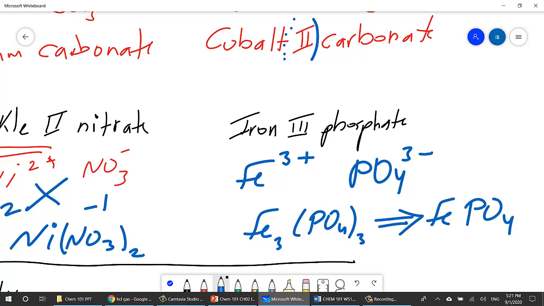So that's iron(III) phosphate, FePO4. From this you can tell that this is a 3 minus group, so this must be 3 plus. This is the correct formula of iron phosphate, just FePO4.